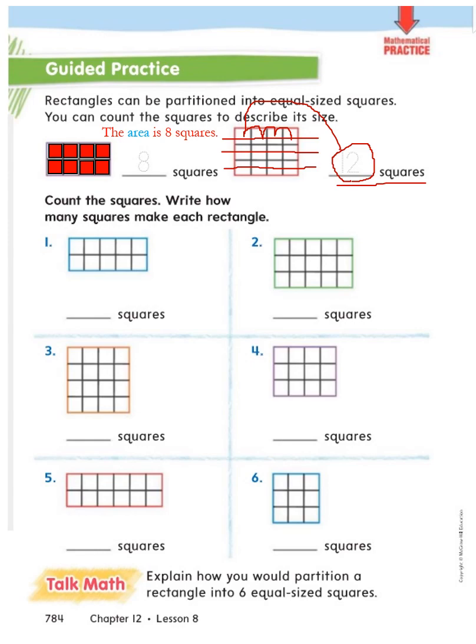Now what I want you to do is do numbers 1 through 6 on this page. And before I let you go to do that, look at Talk Math at the bottom. Explain how you would partition a rectangle into 6 equal-sized squares. Or, if you can explain it, show it.